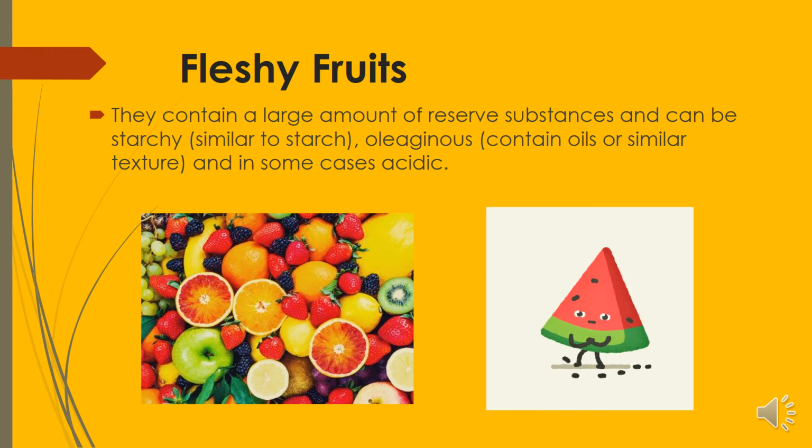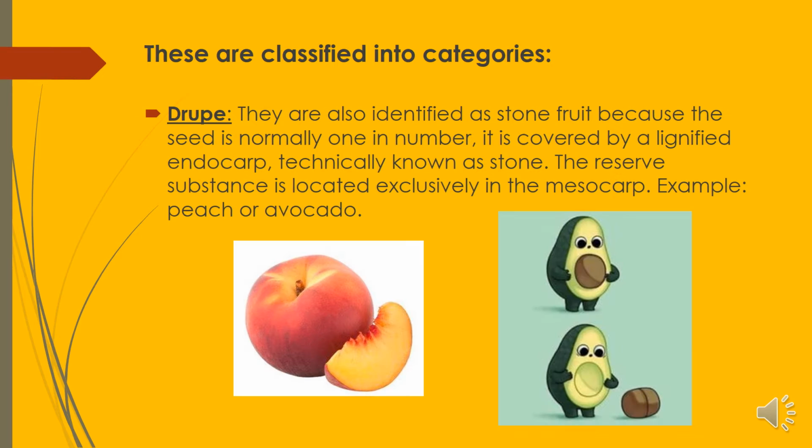Fleshy fruits. They contain a large amount of reserve substance and can be starchy, similar to starch. Oleaginous ones contain oils or a similar texture, and in some cases are acidic. These are classified into categories.